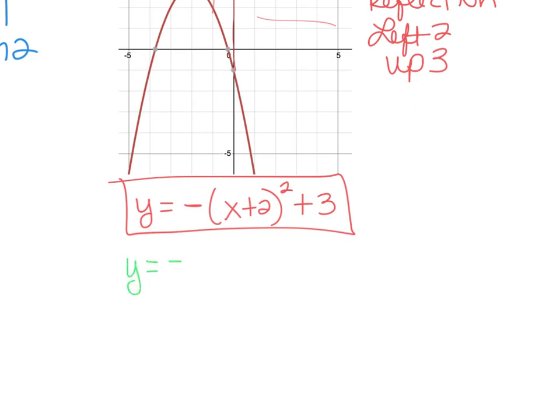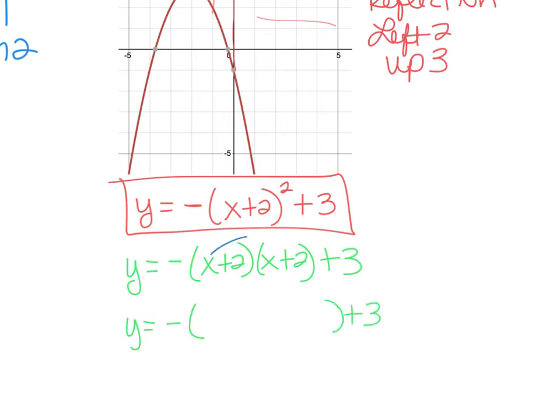So this is going to be negative times x plus 2 times x plus 2 plus 3. Since there's a negative out front, you're going to FOIL first and then distribute your negative. So I'm going to write it like this just so I don't forget to distribute that negative.